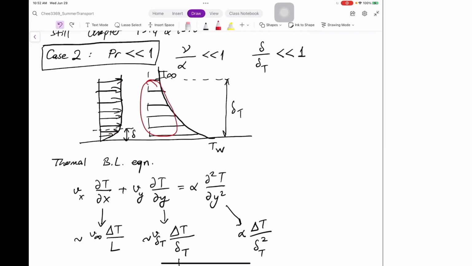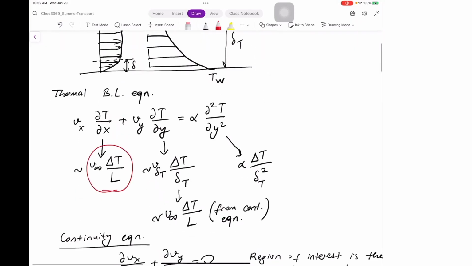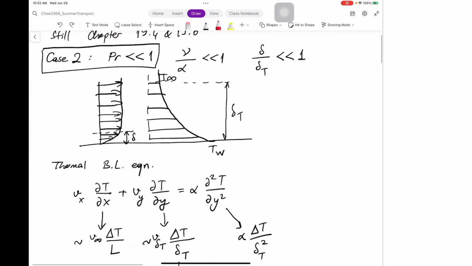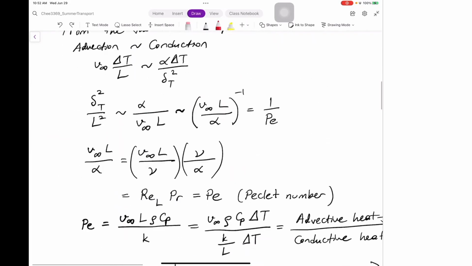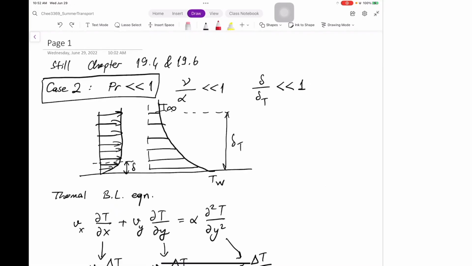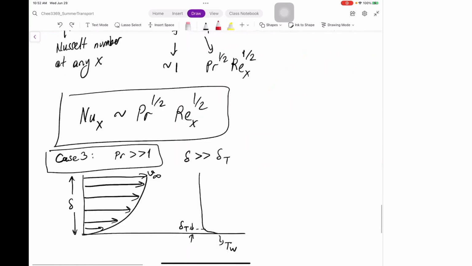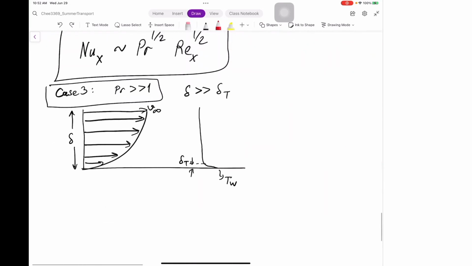So I can make that assumption. So in my scaling analysis, this is not possible for Prandtl numbers much larger than 1. Okay, so that's an important thing to mention. Is that clear? So this analysis is valid only for Prandtl numbers much less than 1, but not much larger than 1. Okay, is that clear? So that's why we have another case here, and this is T infinity.